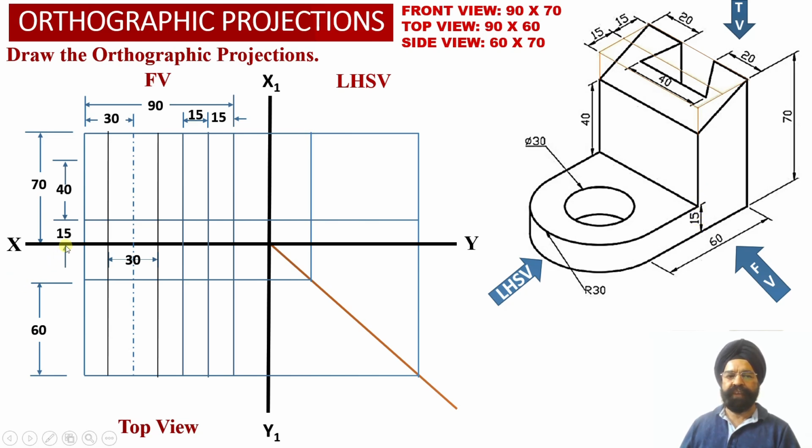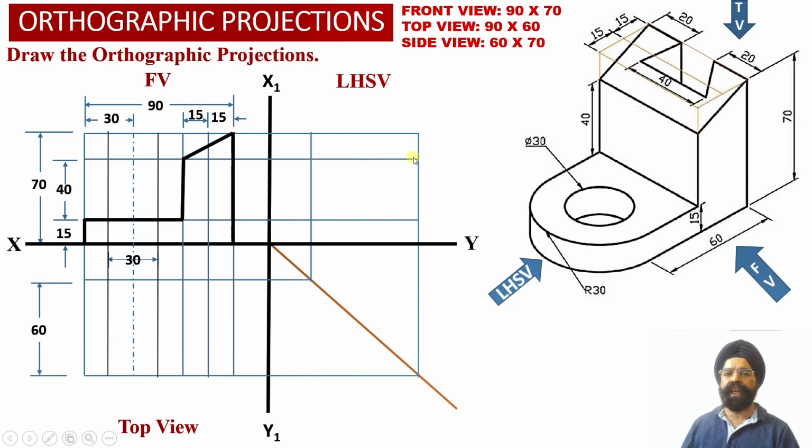So now we have marked a distance of 55 millimeter above the XY reference line, that is above the base of the solid, and we have obtained a horizontal projector line in the front view orthographic projection view, and we have extended this horizontal projector line into the left hand side view projections as well.